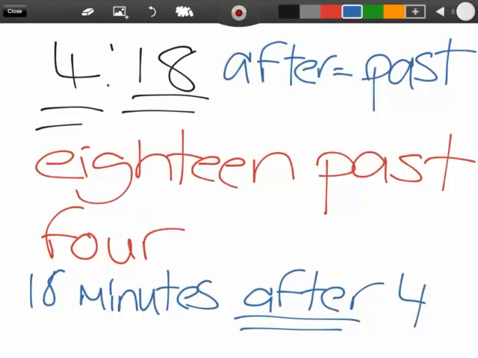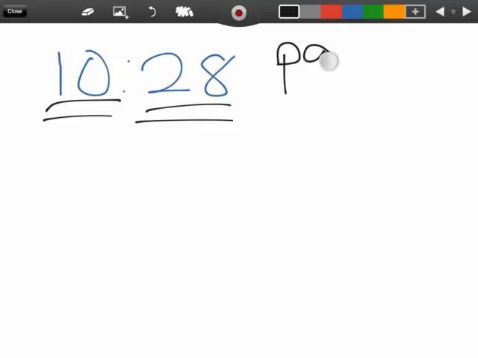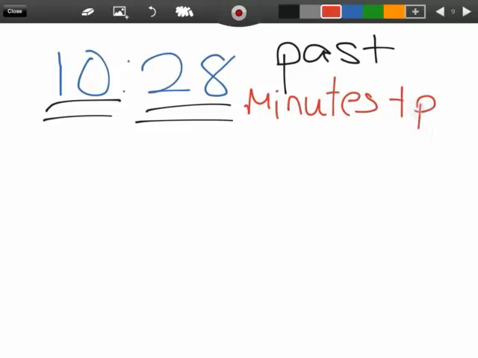I'm going to give you one more example, which is 10:28. Let's write this out. Again, since it is between minutes 1 and 30, we use past. It's going to be minutes plus past plus hour.